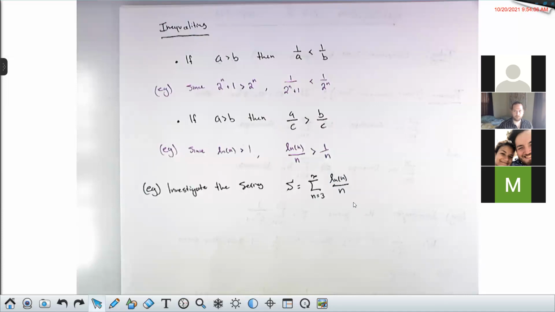Yeah, the n itself, right? Natural log of n is very slow growing. n is faster growing than the natural log. It's still quite slow growing, but faster growing than the natural log.